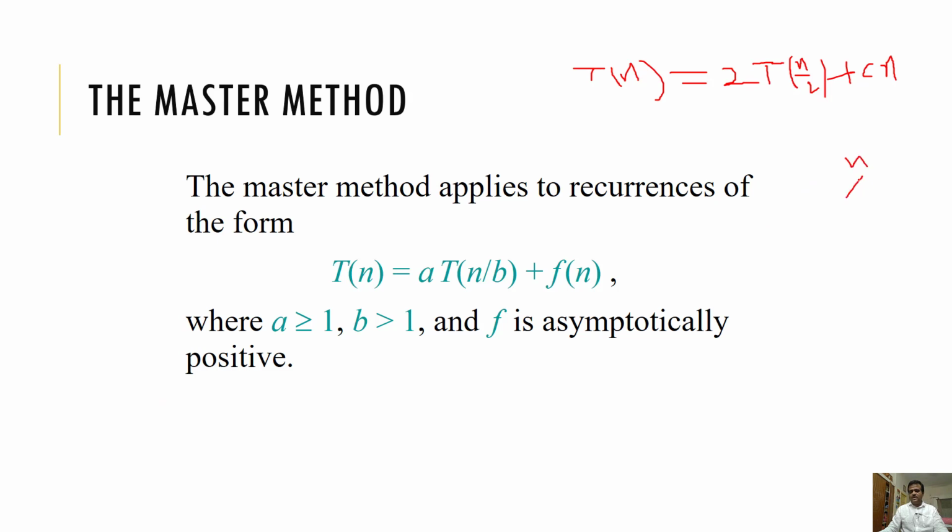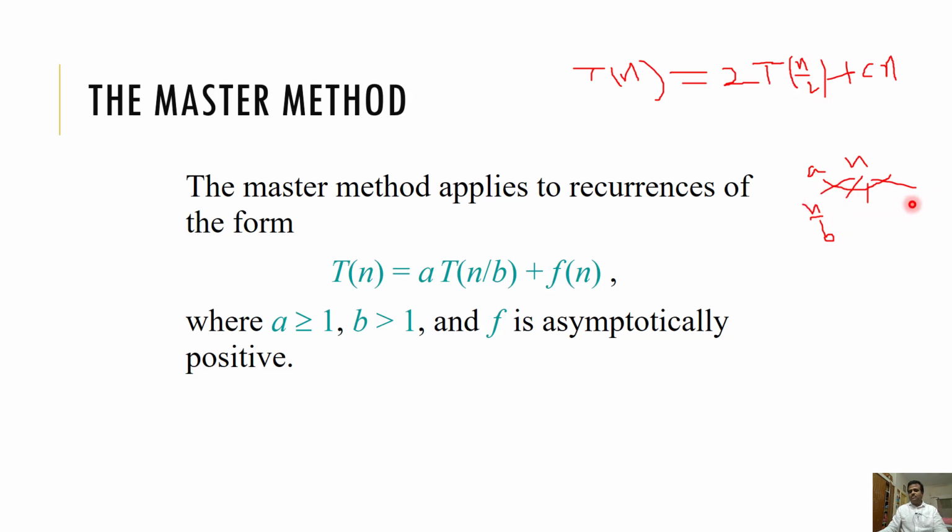So, n is divided into many sub problems, and the size of each sub problem comes out to be n by b. How many of them? There are a. So, we divide this problem into a many sub problems, each of size n by b, and then the divide and conquer technique tells us to recursively solve all these sub problems.